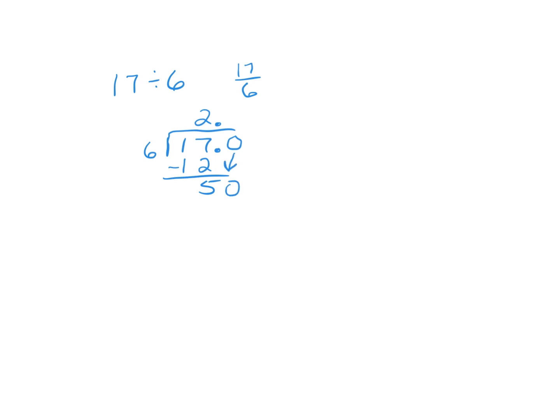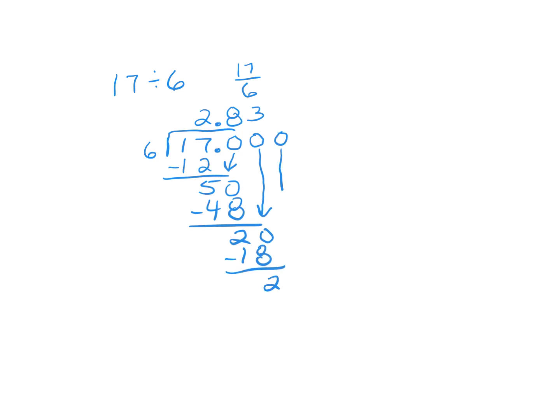6 goes into 50 8 times. 6 times 8 gives me 48. I subtract, I get 2 this time. I still don't want to have a remainder. I'm going to put down another 0, bring it down. 6 goes into 20 3 times. 6 times 3 gives me 18. I'll subtract, get 2, bring down another 0.